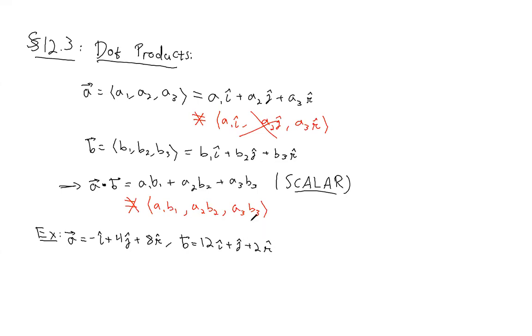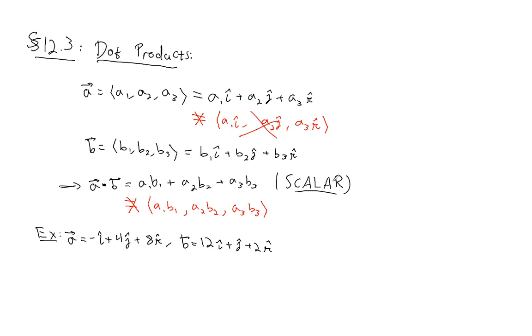Is the dot product also called scalar projection? No, it is not. The scalar projection is a different thing. We'll talk about that in just a second. They are very closely related, but no, the dot product is not also called scalar projection. It is sometimes called a scalar product, however.